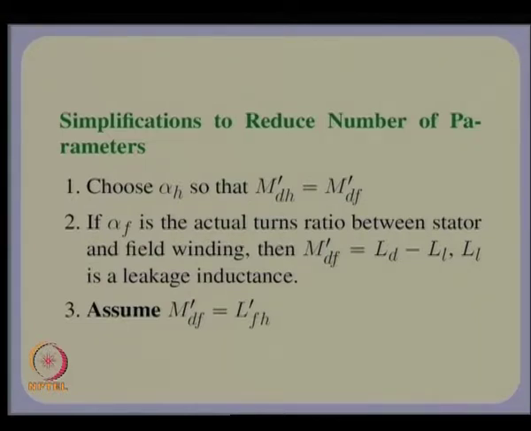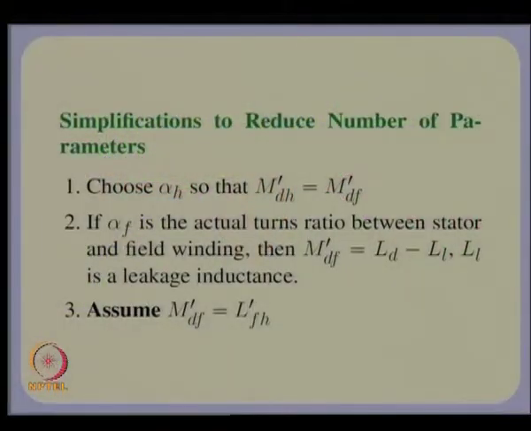If somebody asks you what is going to be the damper winding current in amperes, if you have chosen alpha h such that MDH dash is equal to MDF dash, we will not be able to tell eventually what the damper winding current in amperes actually is, because I have chosen alpha h to satisfy this criterion rather than using the actual turns ratio. So, I am imposing a condition, I am using alpha h, not the actual turns ratio, but a value which will yield this.